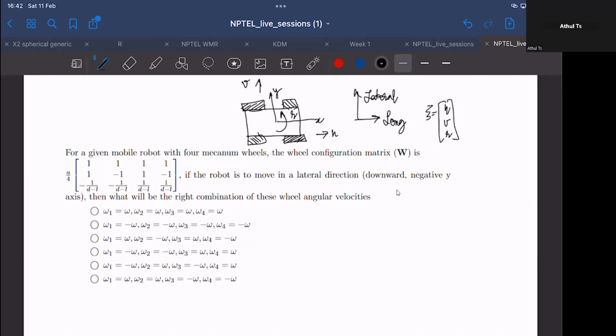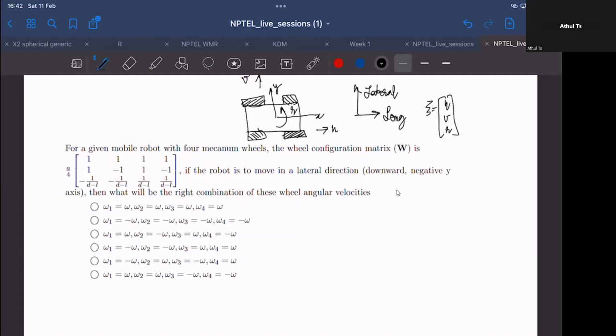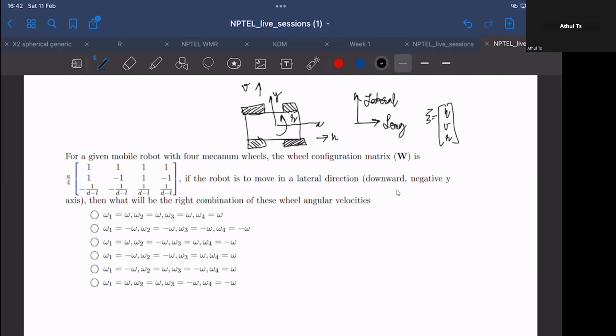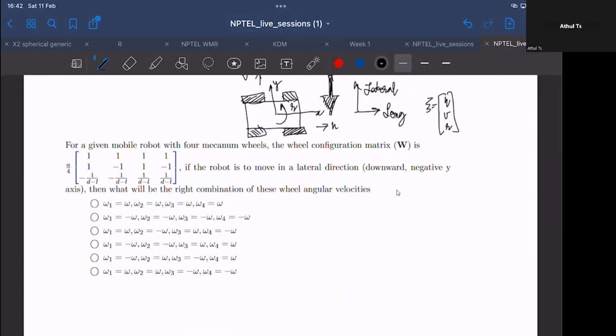As per our requirement, the robot should be moving in the lateral direction, but in the downward sense. So that's why I've drawn a lateral arrow pointing downwards. What is the right combination of wheel angular velocities?